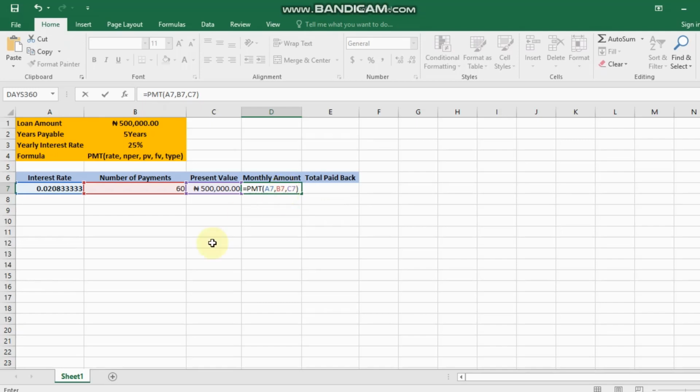We can see that we've represented the rate, the number of payments, and the present value. So for us to get the amount that is payable, we press equal.